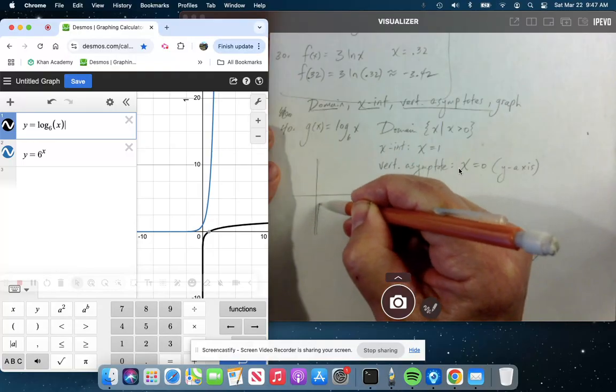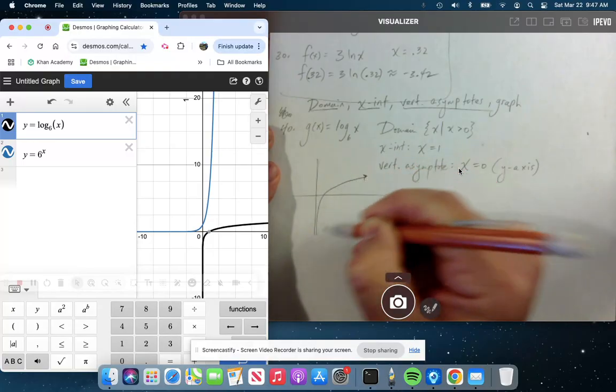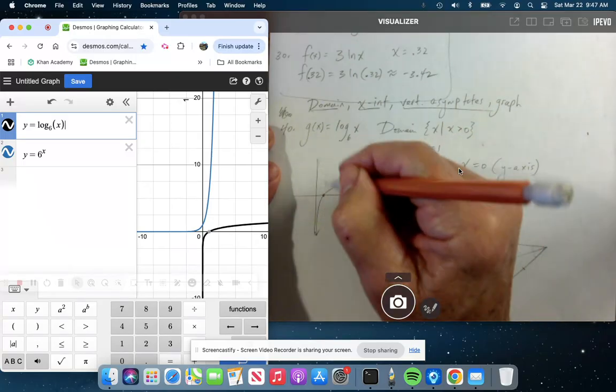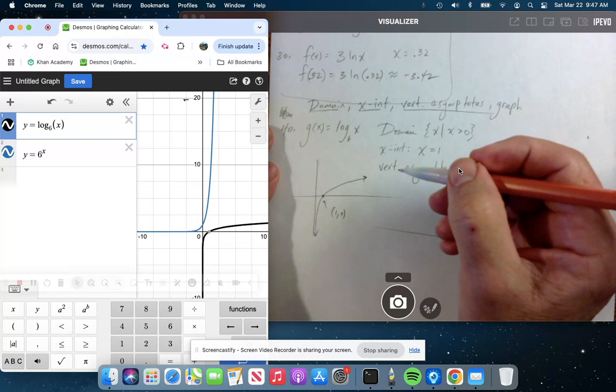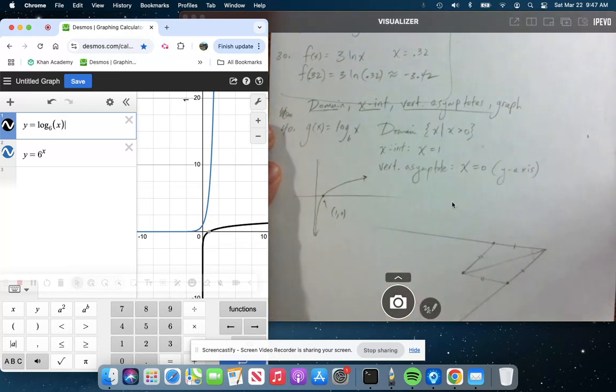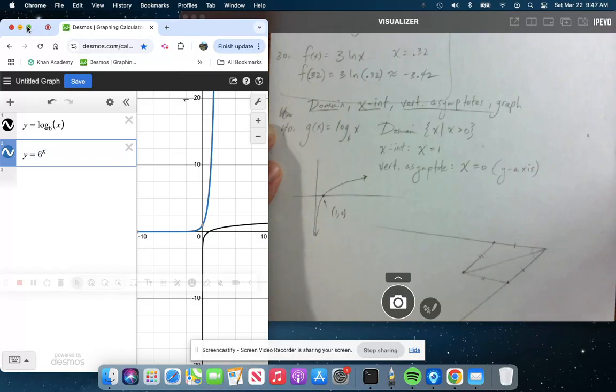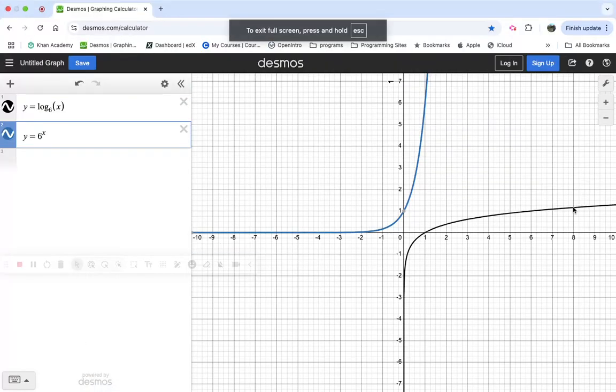It looks something like this. Comes up, crosses through right here at 1. And the range should be all values because it goes down forever, and I believe it does also increase without bound, although it seems to be reaching a max, but it should keep going, right? Because as x gets bigger, y should get bigger.